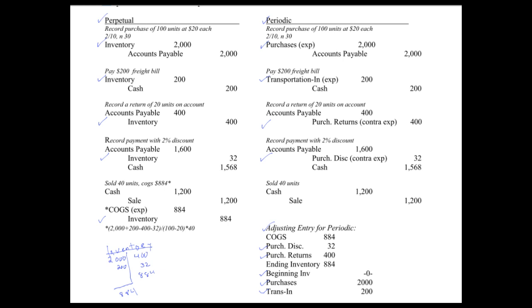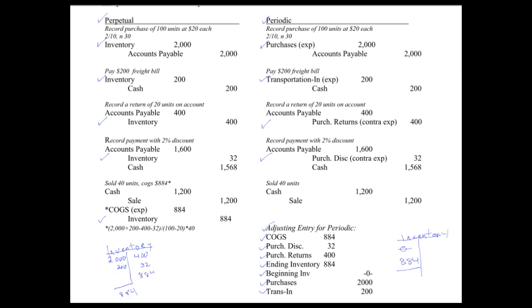We went out and counted, and we had 40 units, and $22.10 would give 884. So we set that up. And then we check what all of those numbers net to, and we're out of balance by the amount of cost of goods sold. So we'll debit cost of goods sold for that amount, and in that way record it at the end of the period.